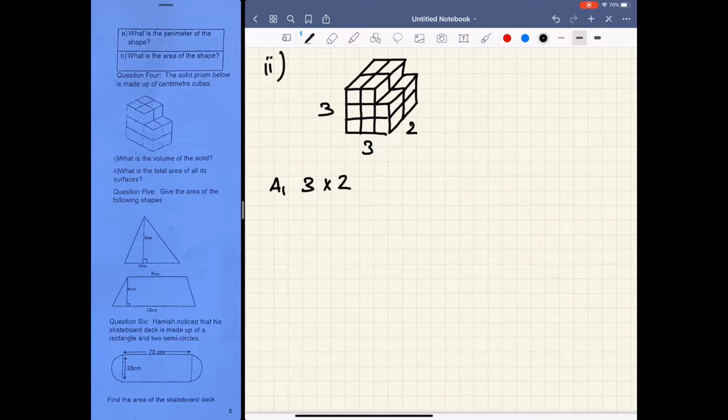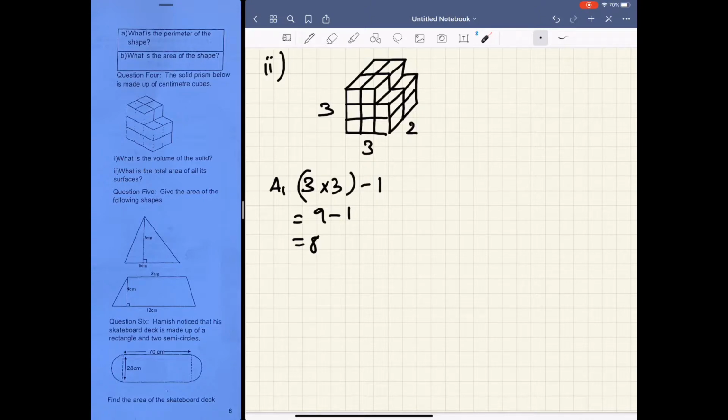No, sorry. I think it'll be easier if I do it how I did it previously and then subtract it. So 3 times 3 subtracted by 1. We're not looking at volume, we're looking at area. So 9 subtracted by 1 equals 8. That's the first face of this prism, including the one missing.